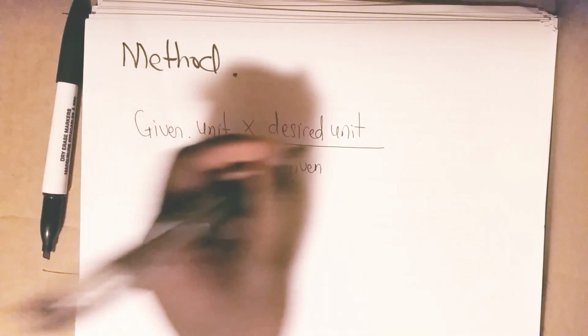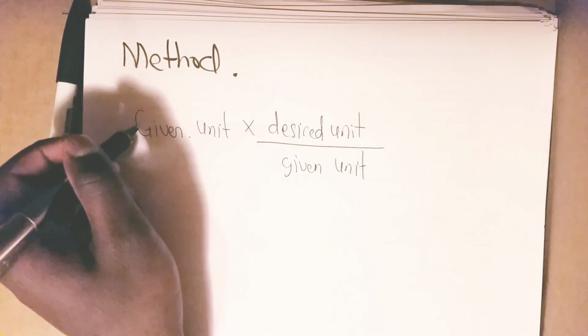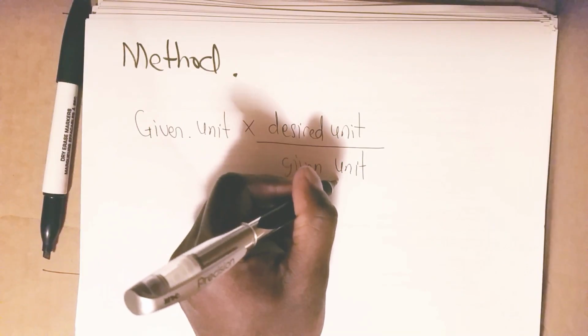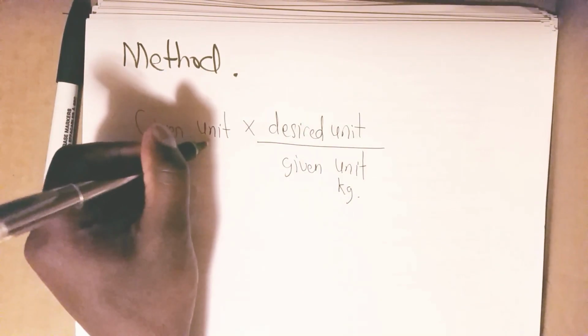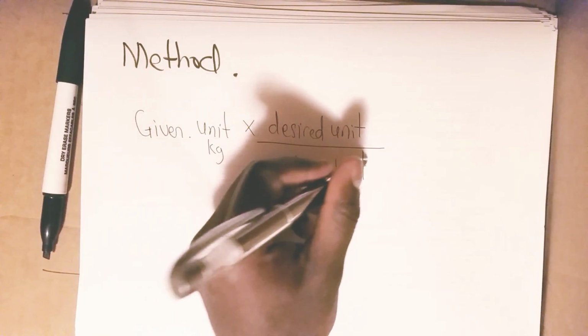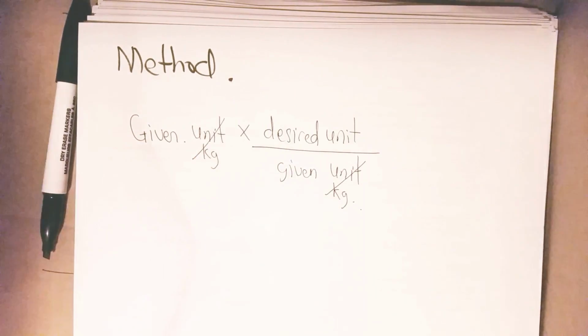So that's a unit factor. The given unit is the unit, not the given number. For example, this would be kilograms. That's what it means for the unit. So the units cancel, and you're left with the top unit. So that's the whole idea there.